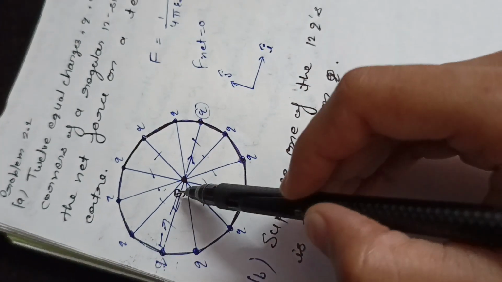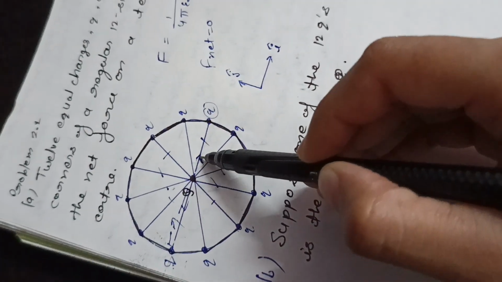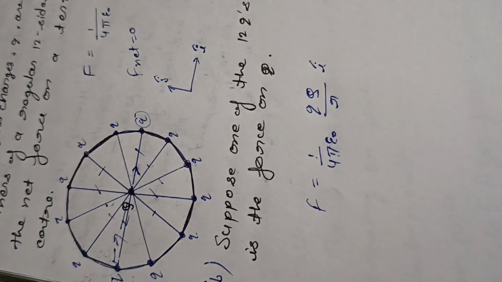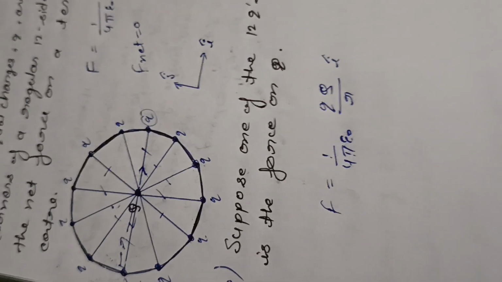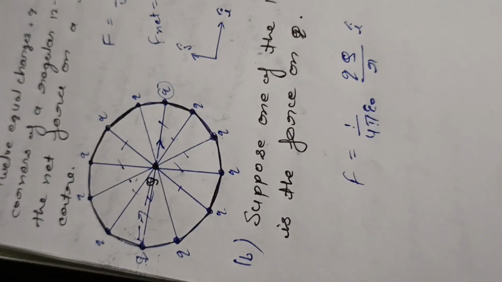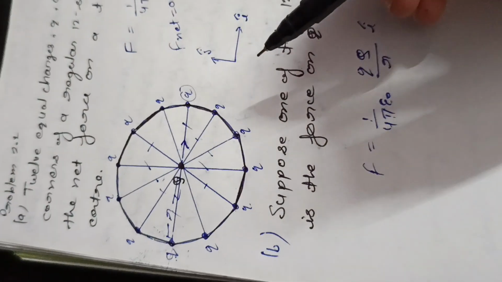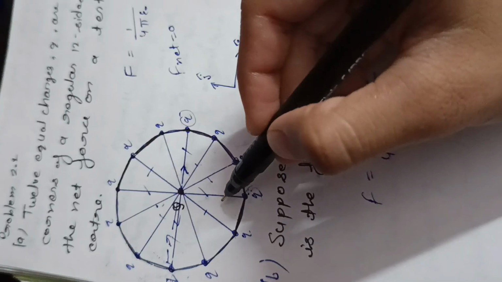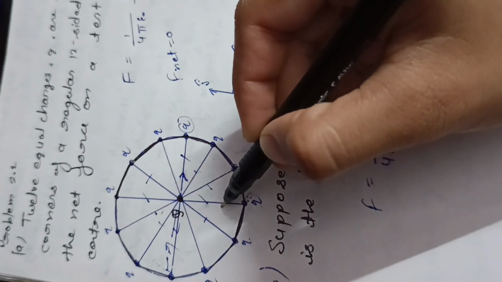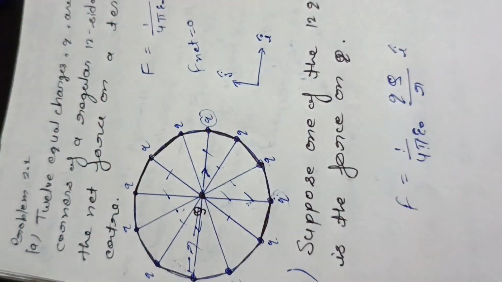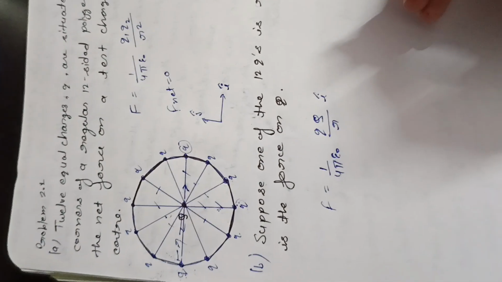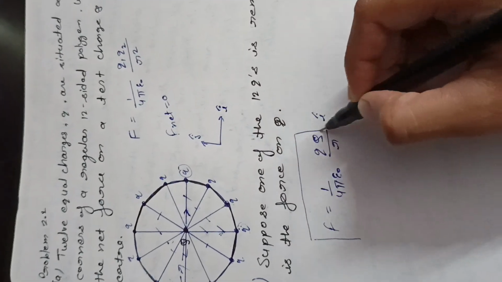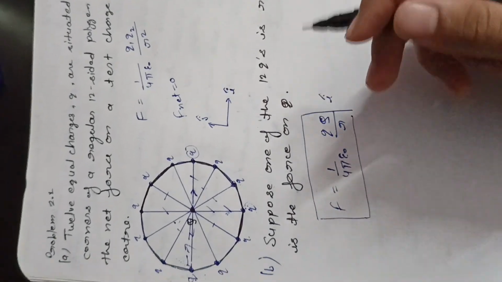This charge will try to repel the center charge, and the force will be exerted in this direction. So the net force on the center Q charge will be this, with this magnitude.